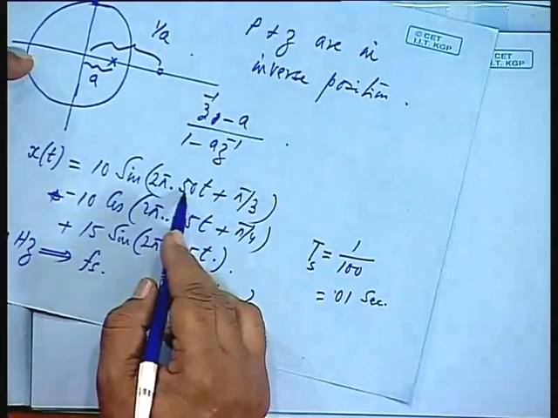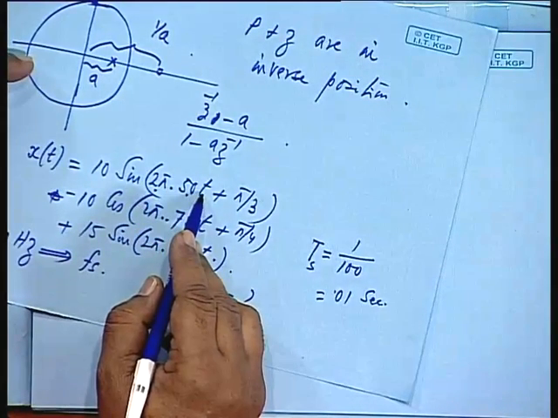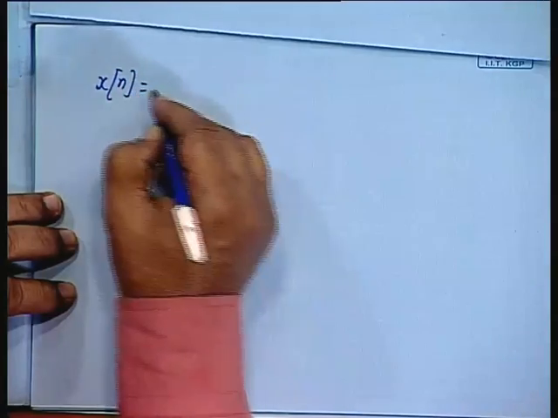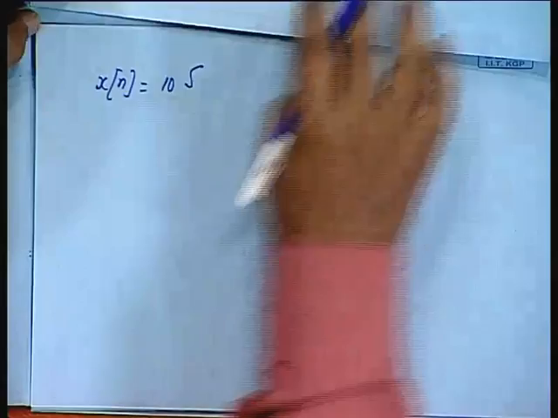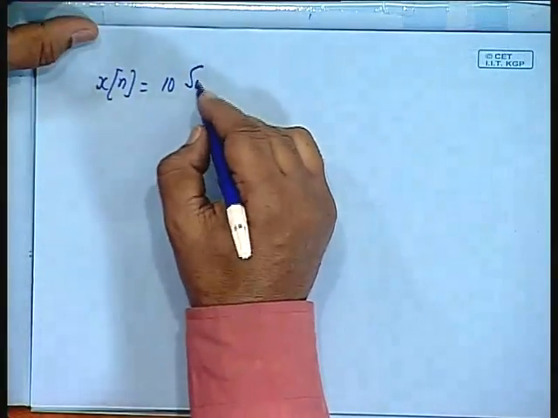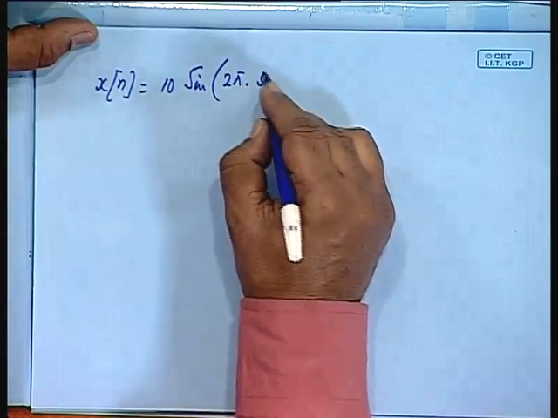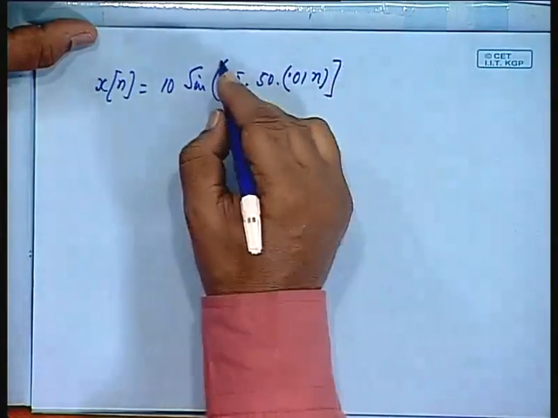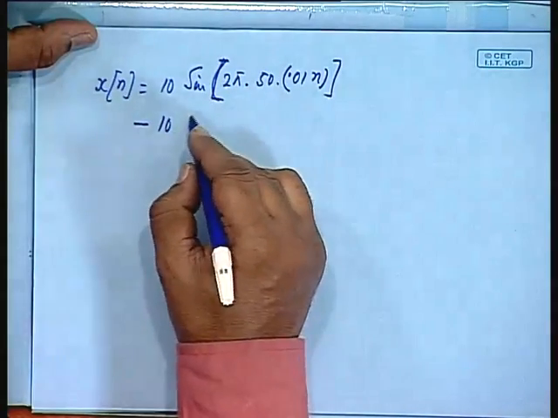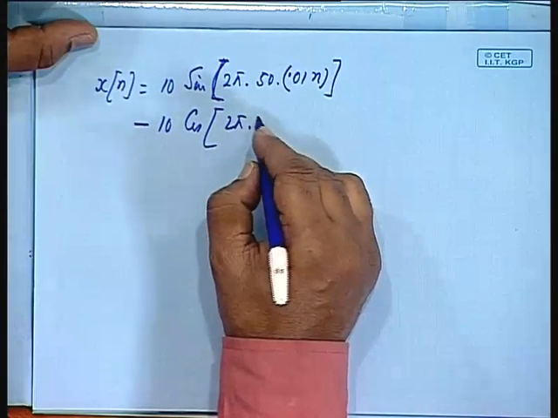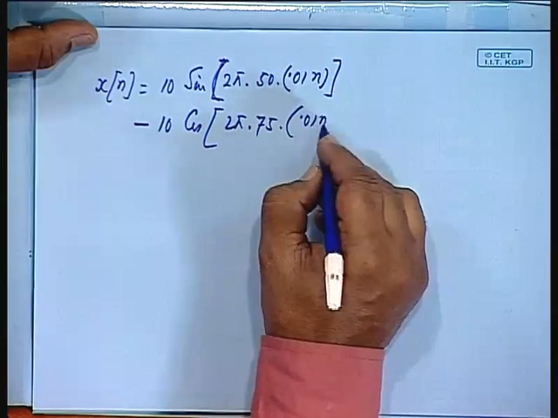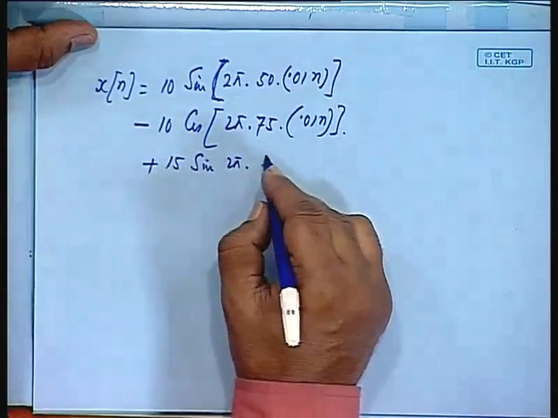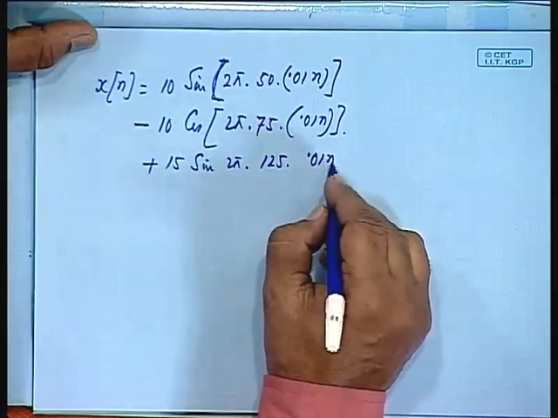So, we can write x(t) with t as n times 0.01. So, x(n) will become 10 sin 2 pi 50 into 0.01 n, minus 10 of cosine 2 pi 75 into 0.01 n, plus 15 sin 2 pi into 125 into 0.01 n.